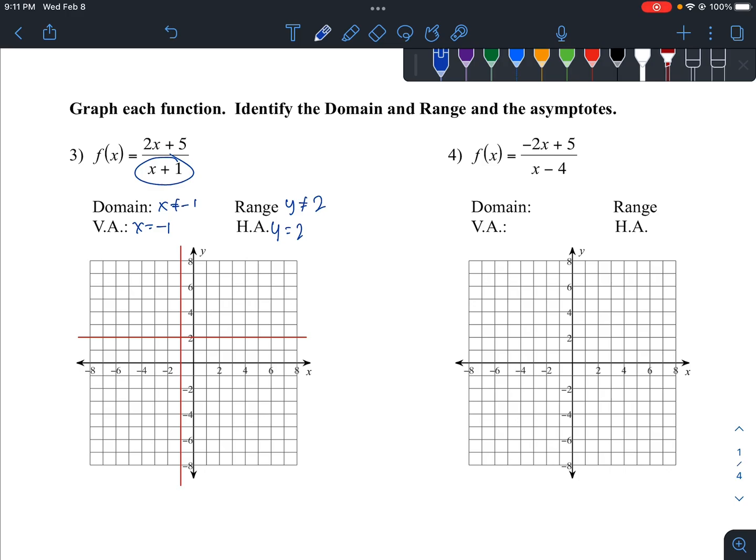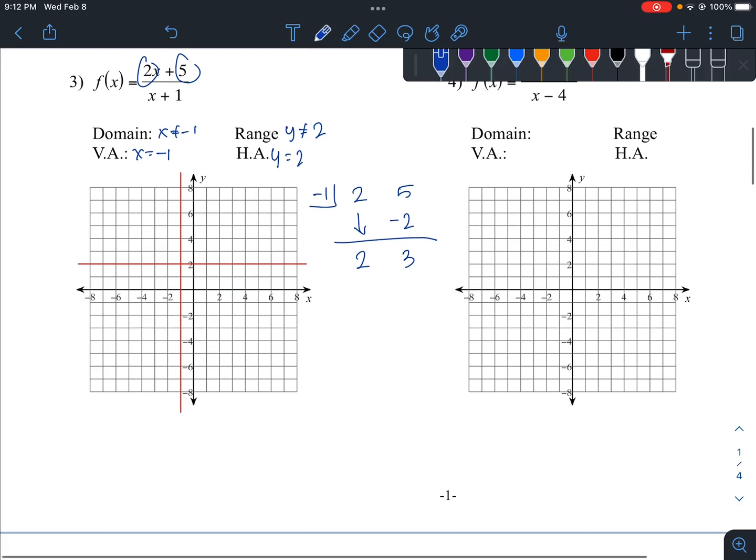Using synthetic division, I look to my denominator, and I use the opposite number that's here as a box number, so -1, and then I use my coefficients in my numerator, draw my line, drop down the 2, multiply the 2 by the -1, that gives me -2, and then I add these together, so that's going to give me positive 3 right there.